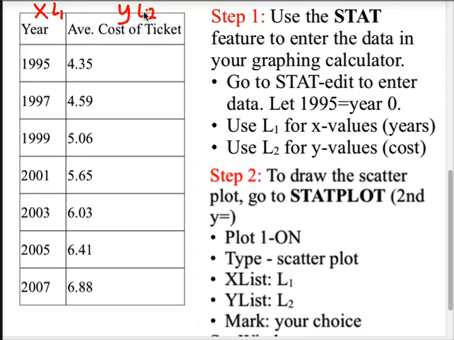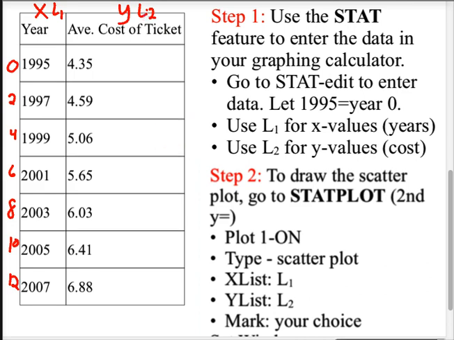Now again, when we're talking about years, usually we don't want to put in actual years because that gets to be a lot of big numbers. So we're going to call 1995 year 0. So this would be year 2, 4, 6, 8, 10, 12. Those are what you'd be using instead of 1995, 1997, and so on.